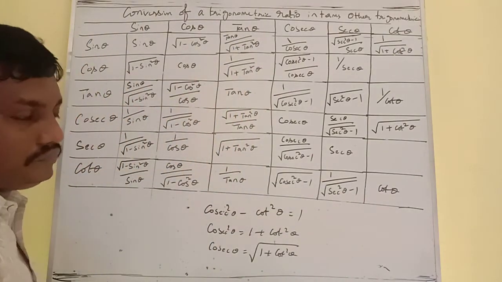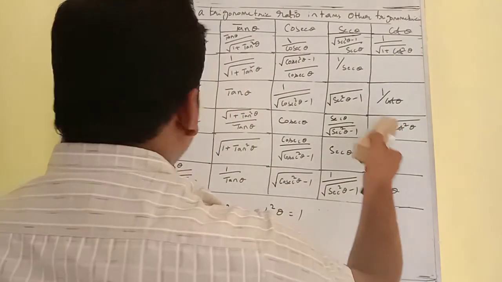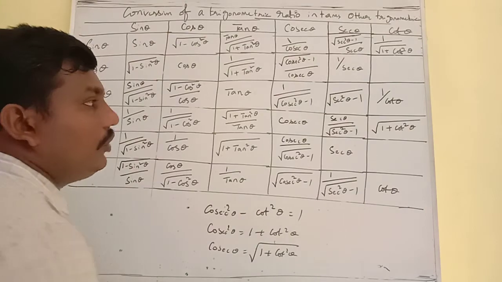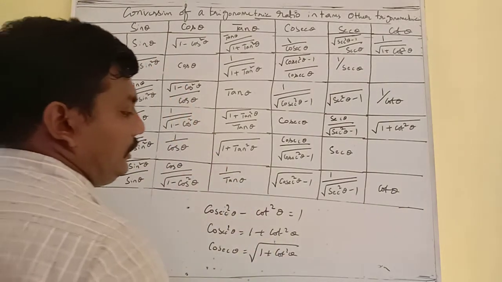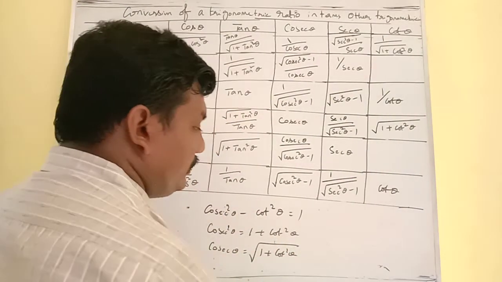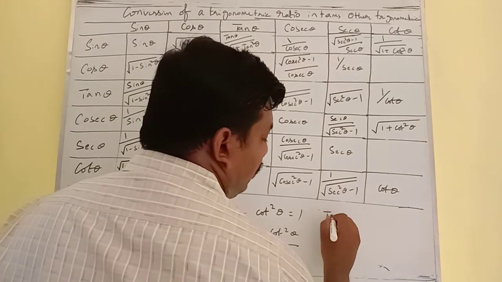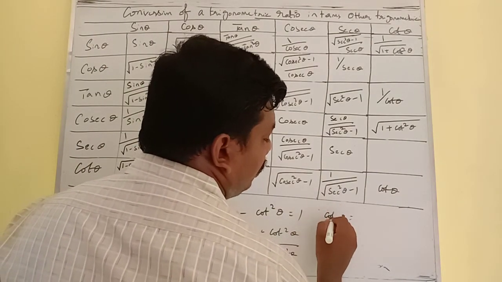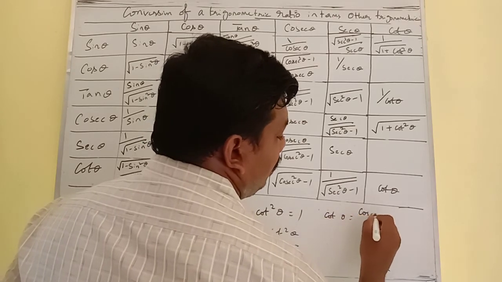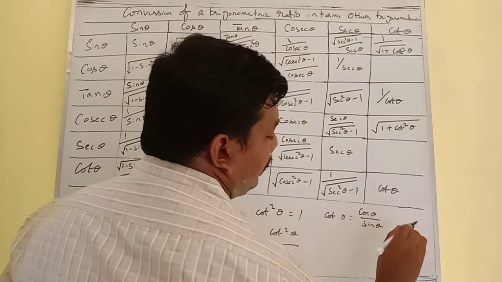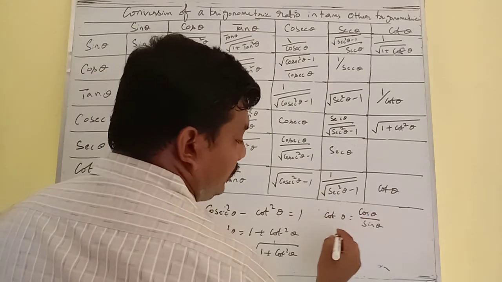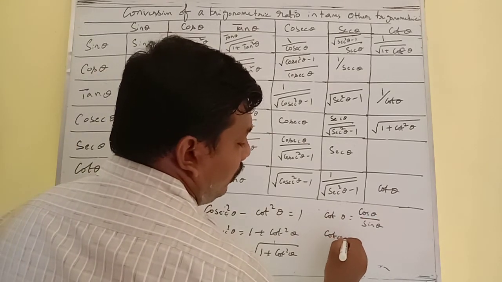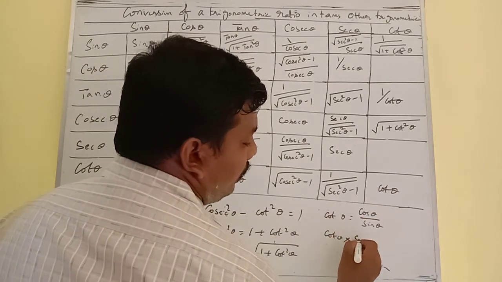Once you know sine, cosecant, tan, cot, it is very simple to find the cos theta value. Cot theta is equal to cos theta by sin theta. So cos theta can be written as cot theta into sin theta.